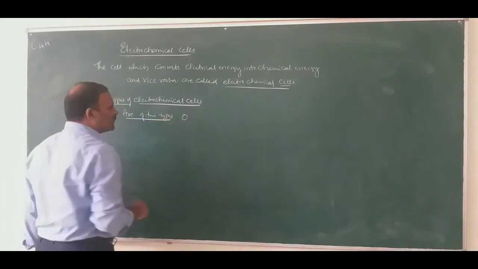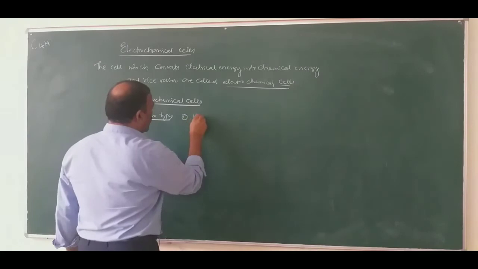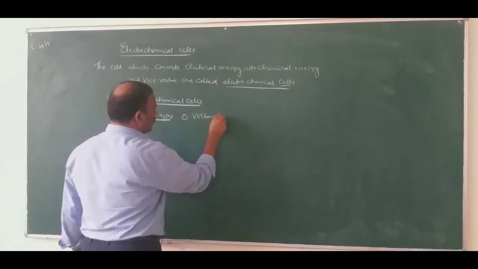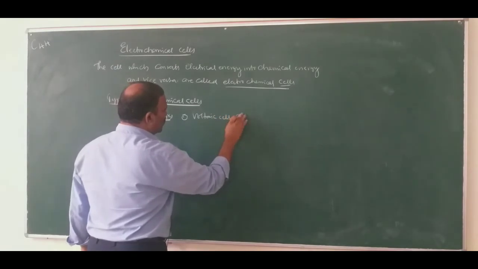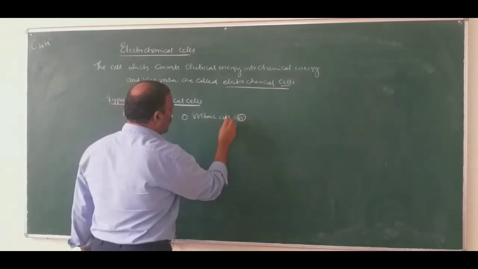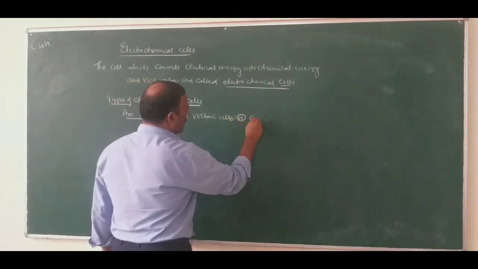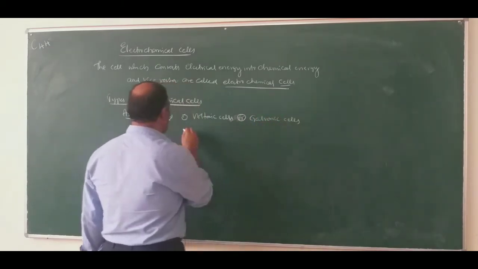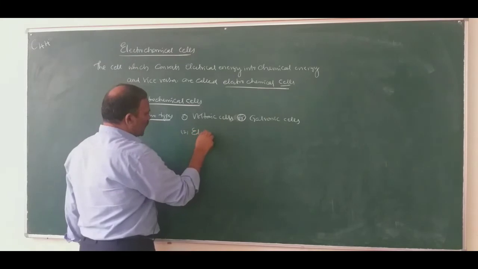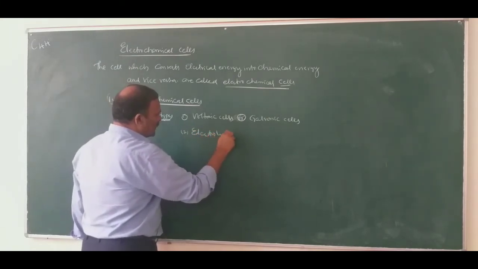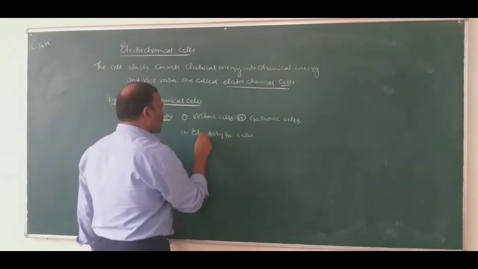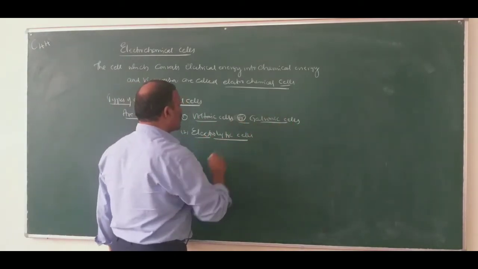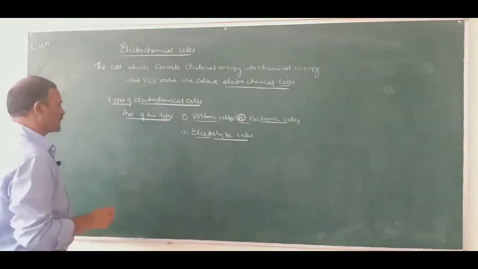Number one, voltaic cells or galvanic cells, and number two, electrolytic cells. Voltaic cells or galvanic cells, and number two, electrolytic cells.